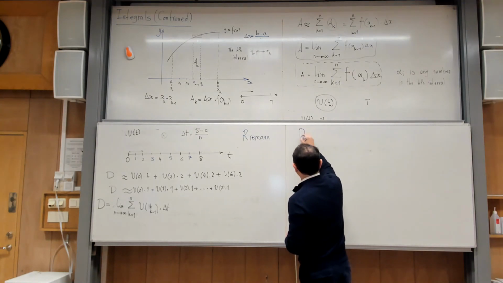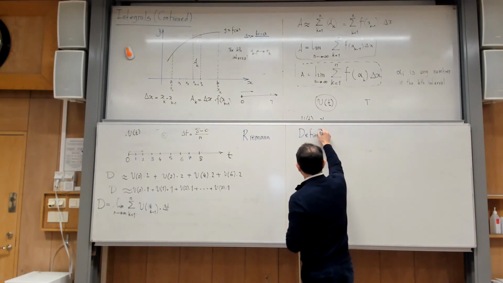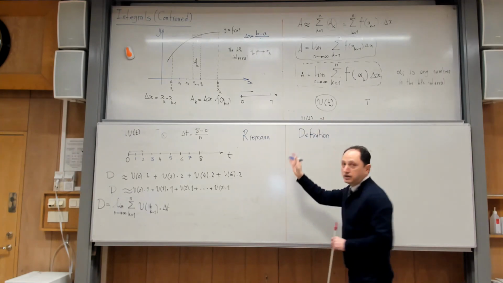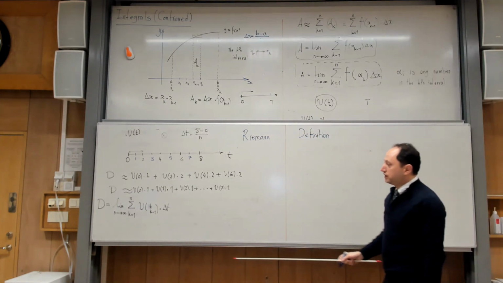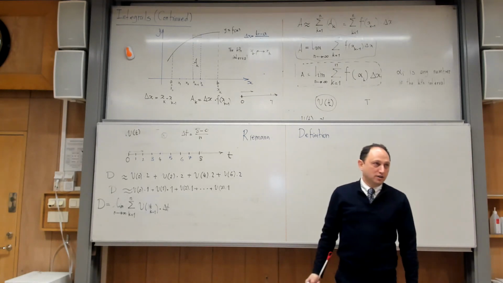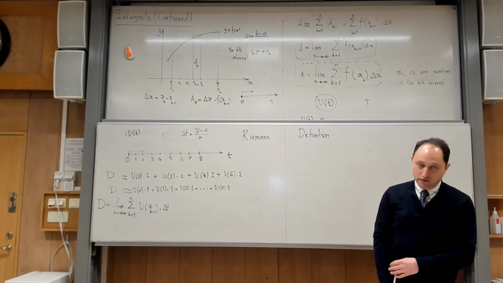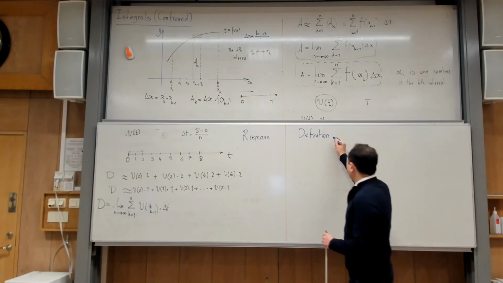So, definition. Okay, first let me ask you, do you have any questions regarding these things? So far I wanted to show you that this limit is important, so it deserves a name and deserves investigation. So, definition.